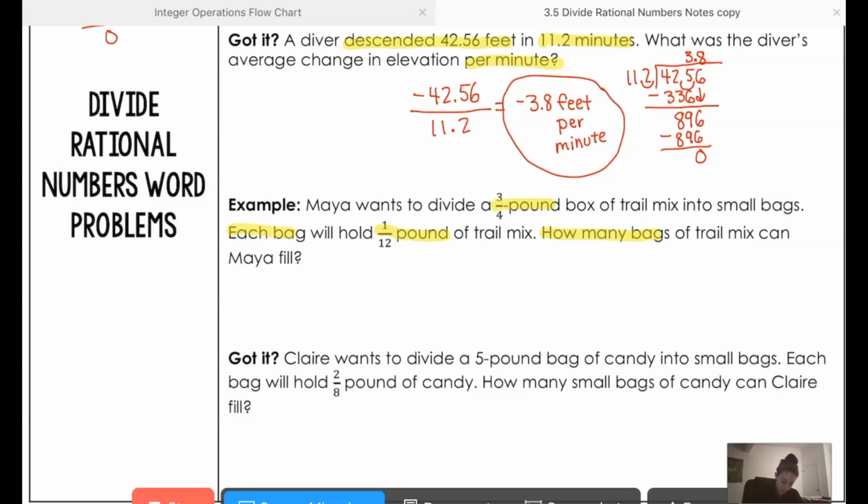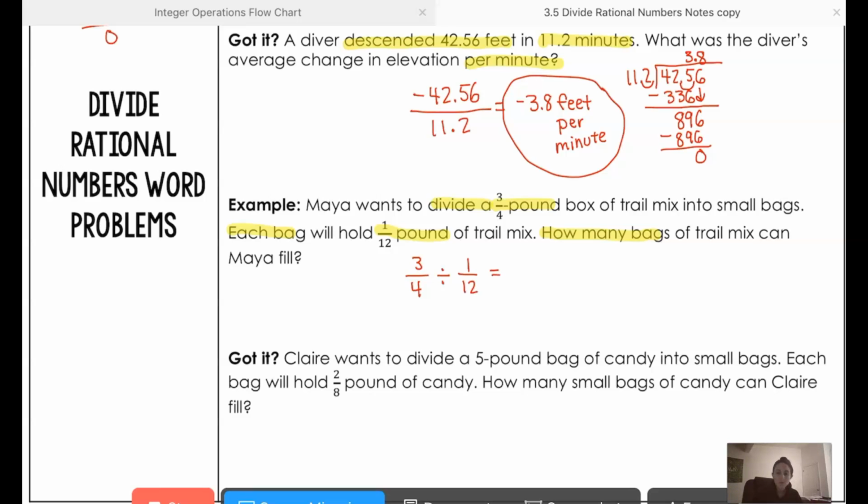Okay, so she wants to divide the 3/4 pound box. So she has a total of 3/4 of a pound of trail mix, and she wants to put it into bags of 1/12. So we're going to divide by 1/12.